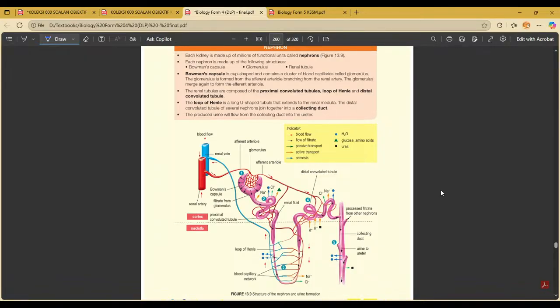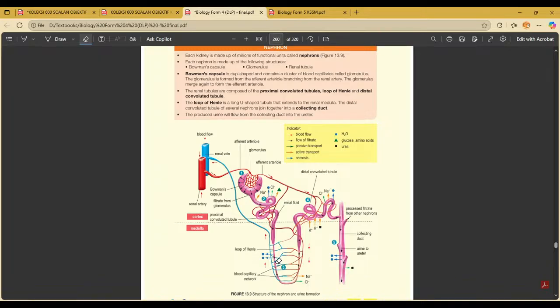What's the renal tubule? Glomerulus, Bowman's capsule. I assume this entire thing. Renal tubule. Renal tubules are composed of proximal convoluted tubule, loop of Henle and distal convoluted tubule.